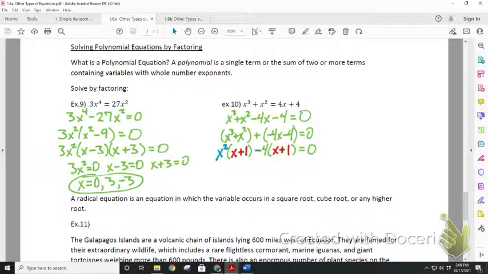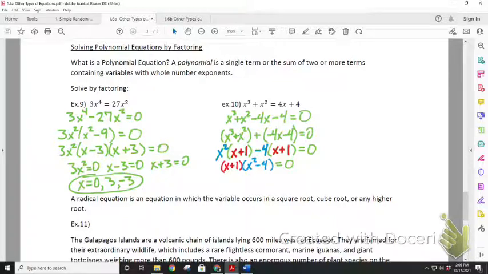So I'm going to take the red out of each term, and that's a GCF of x plus 1. And then you write the leftover in another parenthesis. Hopefully that makes sense. It's a very confusing method of factoring.